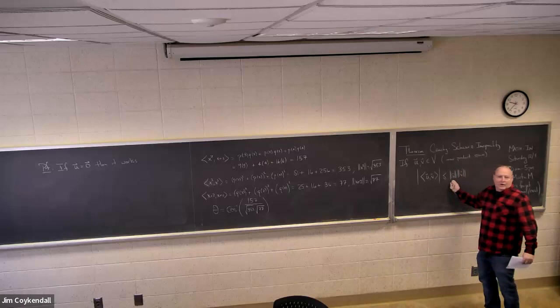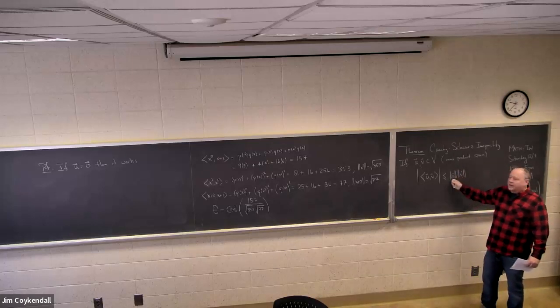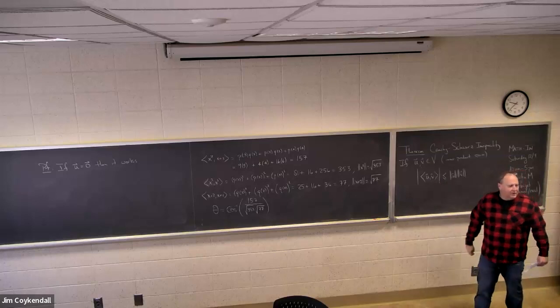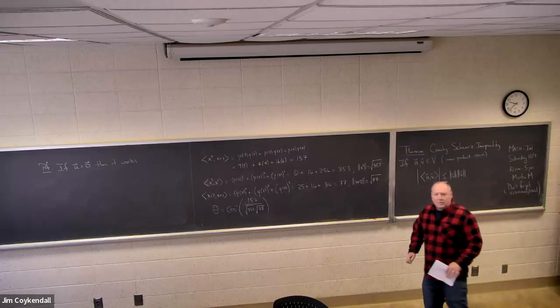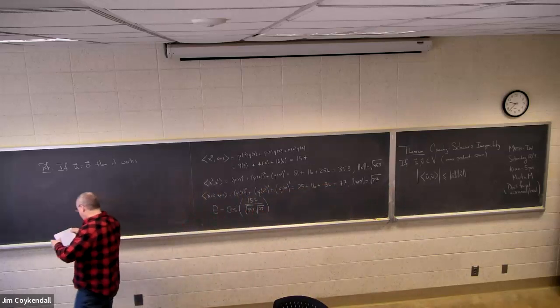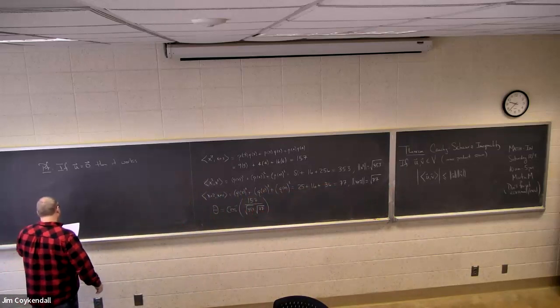If u is the zero vector, then the length of u is 0, so this side is 0. And if u is 0, then the inner product of u and v is 0. So you get 0 is less than or equal to 0, no problem. So u being 0 is no problem, and you're going to see why I did that as a separate case, because I'm going to project on u.